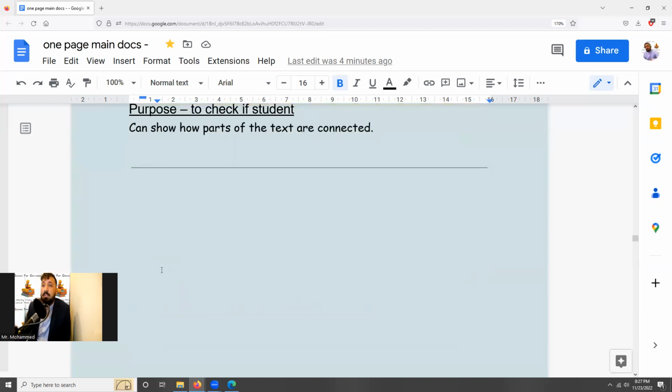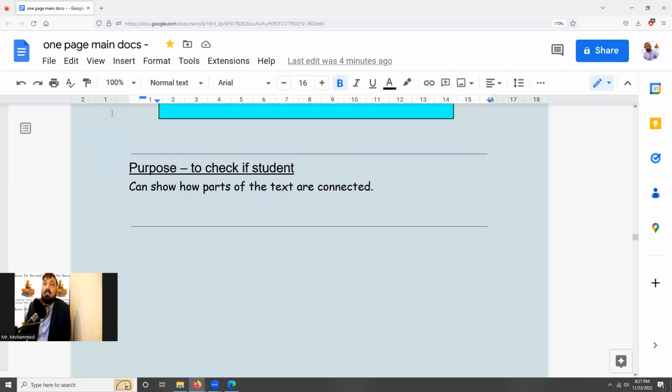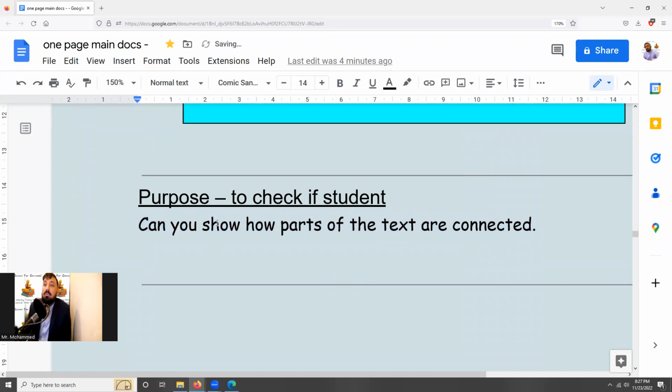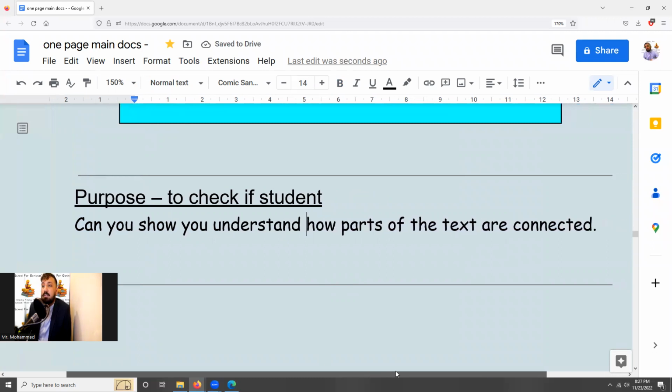Now the purpose of the question, the point of the question, is: can you show how different parts of the text are connected? Can you show you understand how parts of the text are connected?